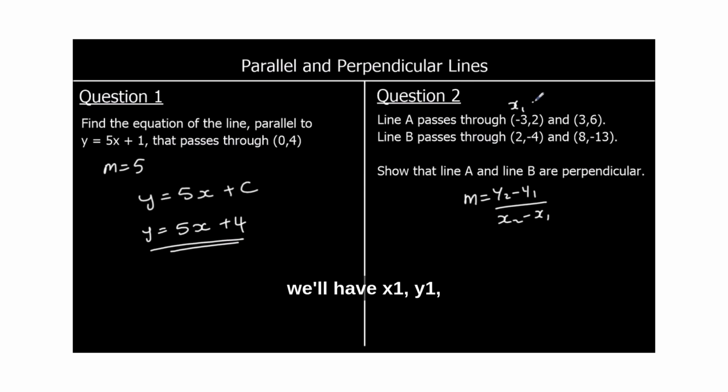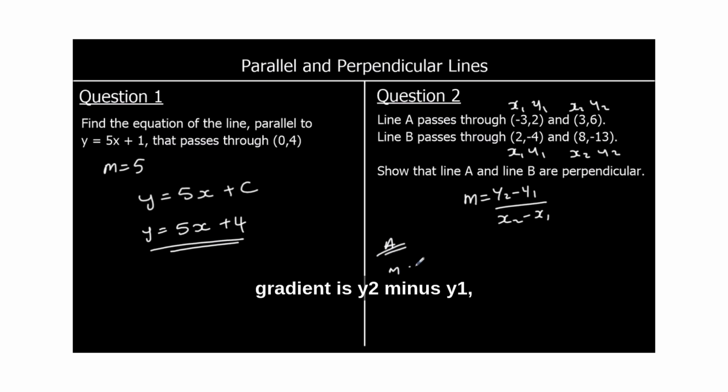And we'll have x1, y1, x2, y2 for both of our lines. And substitute them in. So for A, the gradient is y2 minus y1, 6 minus 2, over x2 minus x1, 3 minus negative 3, so that is 4 over 6, or 2/3.